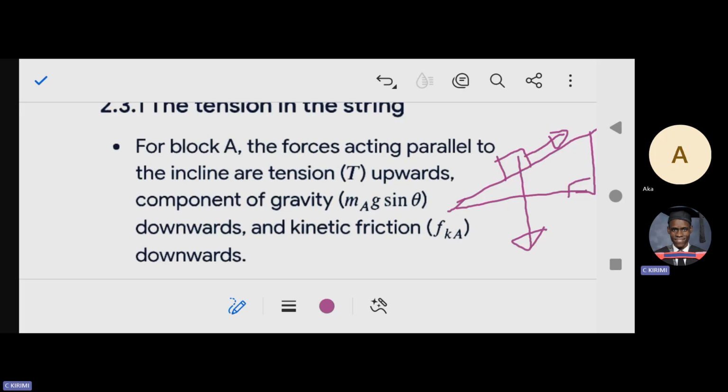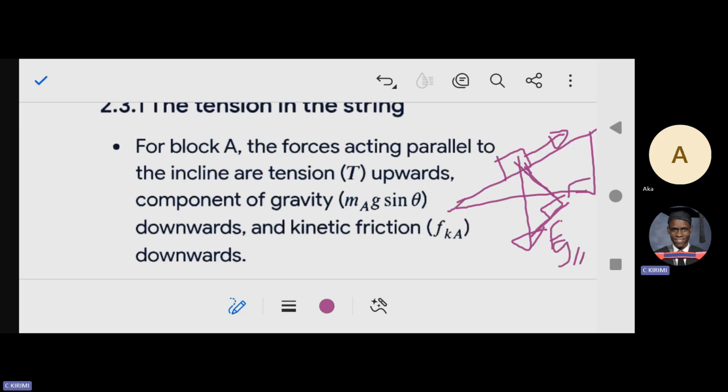As it is moving upwards, there is a frictional force, and also a gravitational force backwards. So there will be a parallel component like this. So this is what we are talking about, the parallel component, which we refer to as FG parallel.